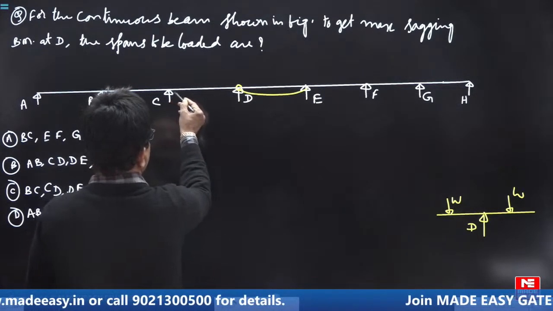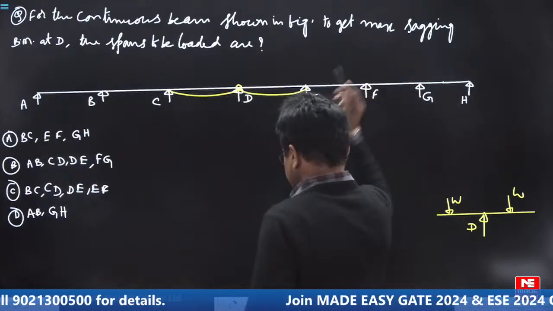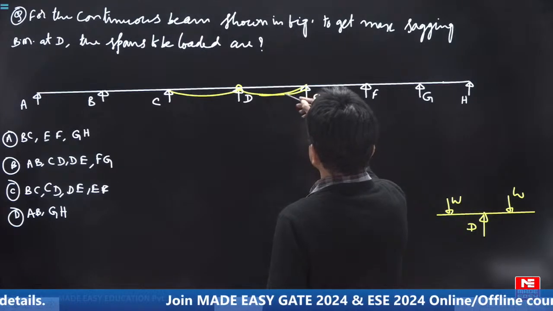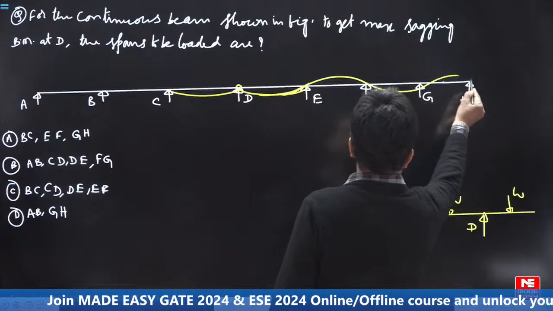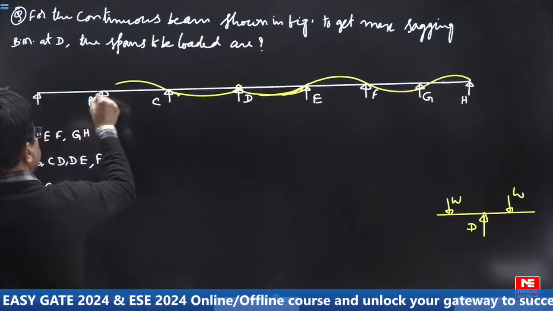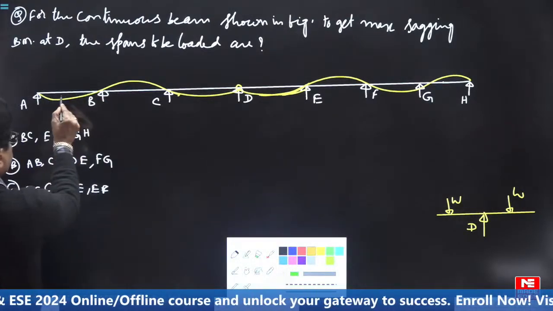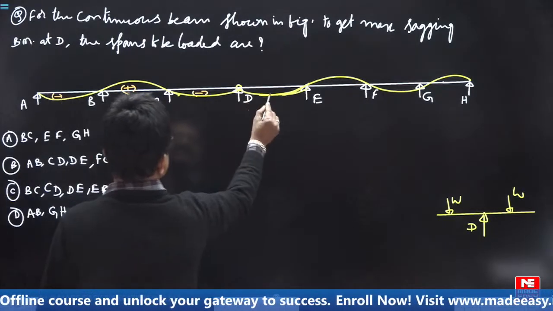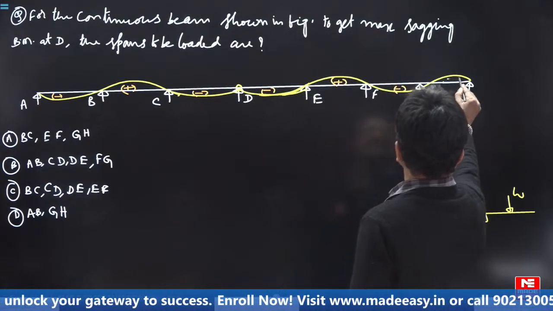First you fix this part like this, negative portion. Now you draw that as a continuous member. That means this is a continuous member, so it will go up, down, up. Here also up, down. Now you see, below the reference line it goes minus, above the reference line plus: minus, minus, plus, minus, plus.